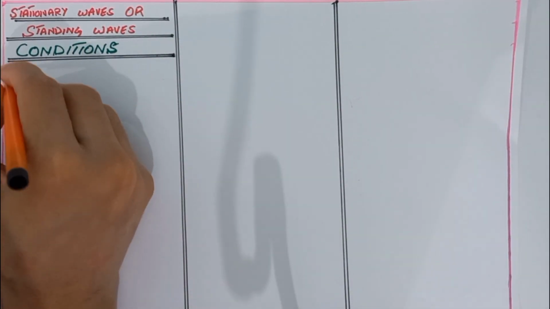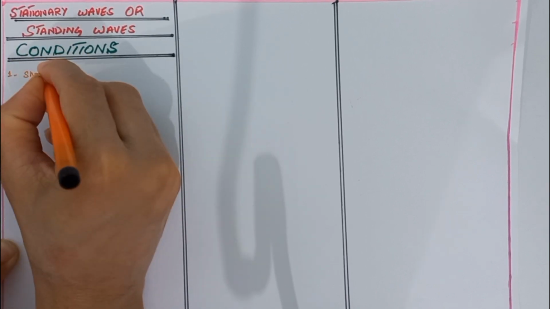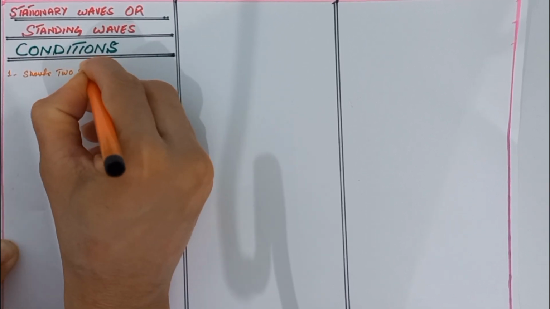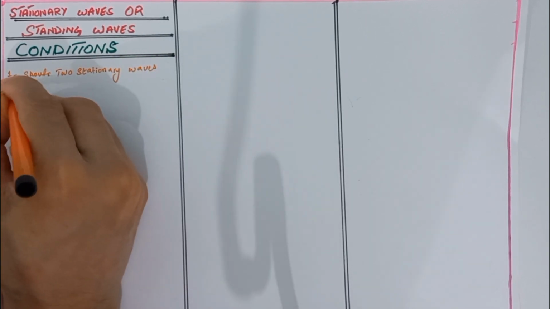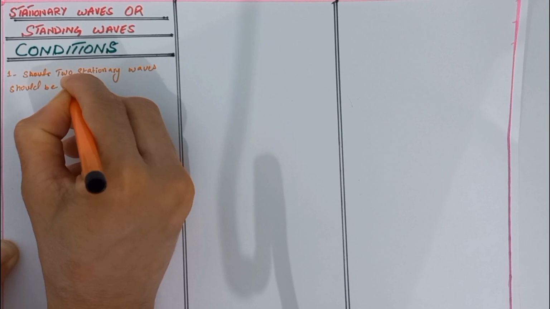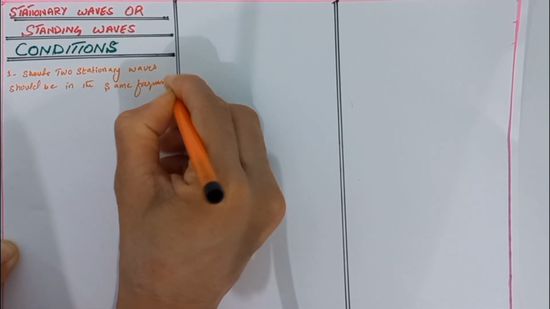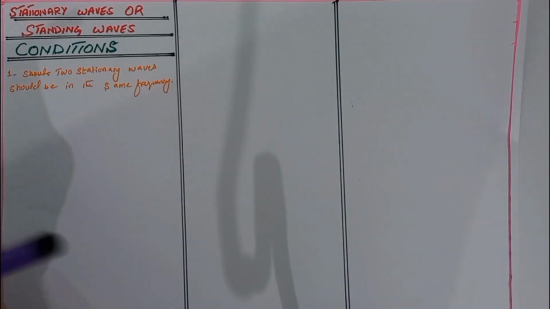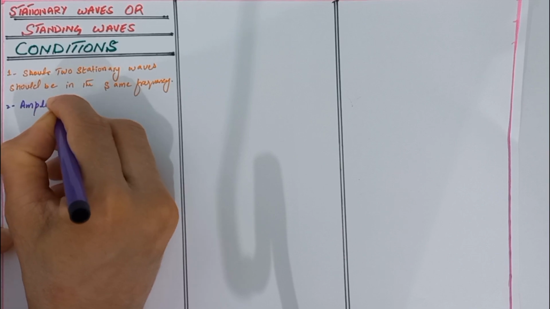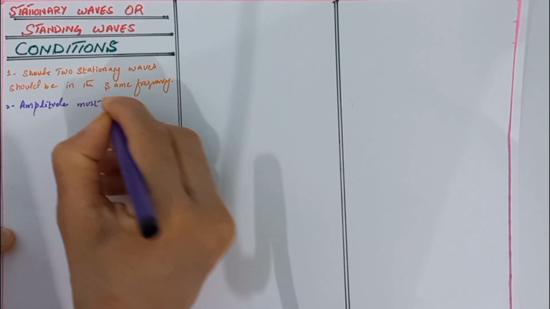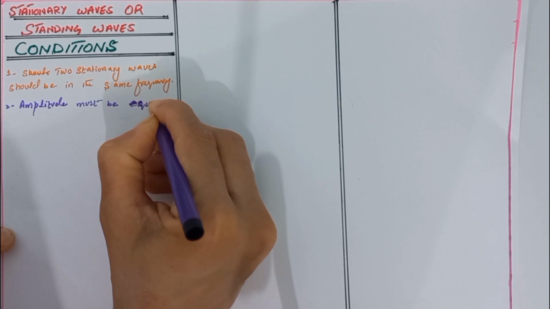The first condition is that the two stationary waves should be of the same frequency. The second point is that the amplitude must be equal.